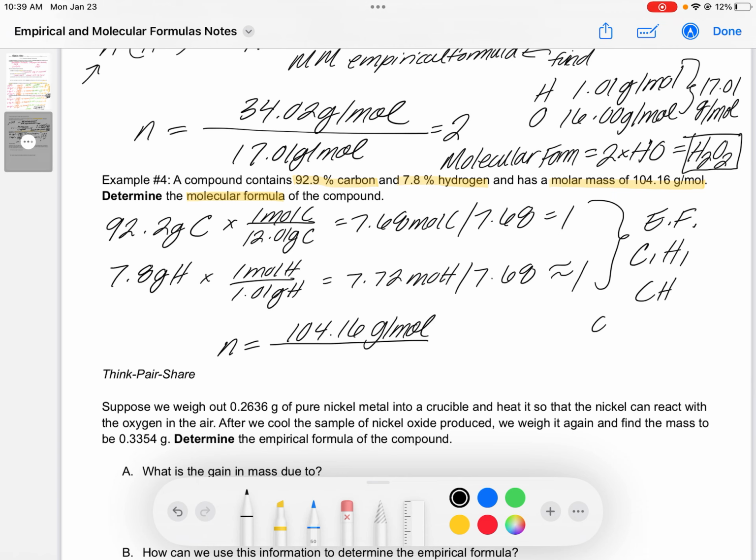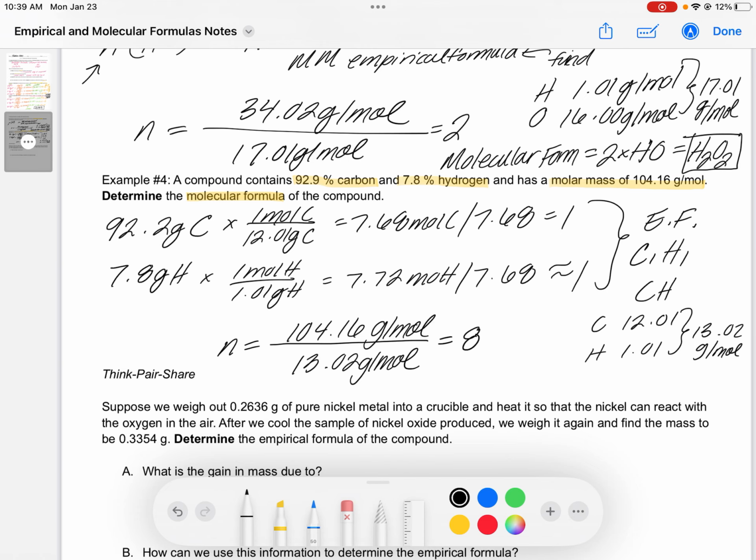To do that, I have 1 carbon, which is 12.01 grams per mole, 1 hydrogen, which is 1.01 grams per mole. In total, this is 13.02 grams per mole. This goes on our denominator. And when I solve this, this gives me a factor of 8.